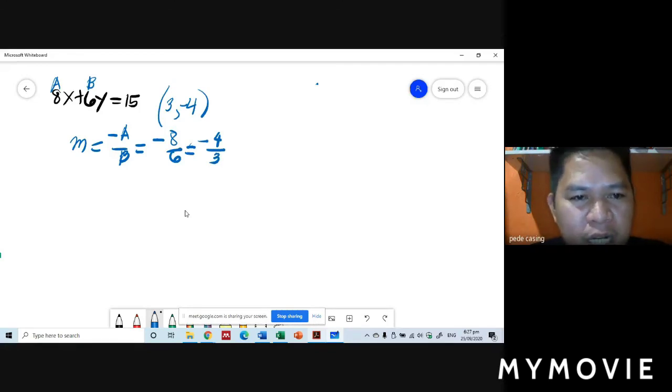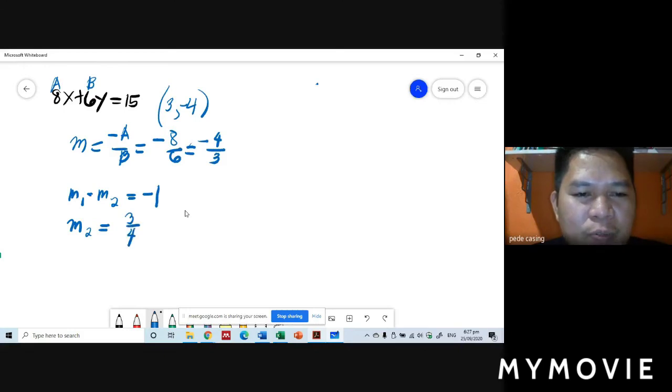But remember na kung perpendicular, ang m1, the first slope, times m2 mo equal siya sa -1. So therefore, kung -4/3, dapat ang m2 nato, the second slope, reciprocal ani nga negative. Okay, ang reciprocal sa 4/3, that is 3/4.